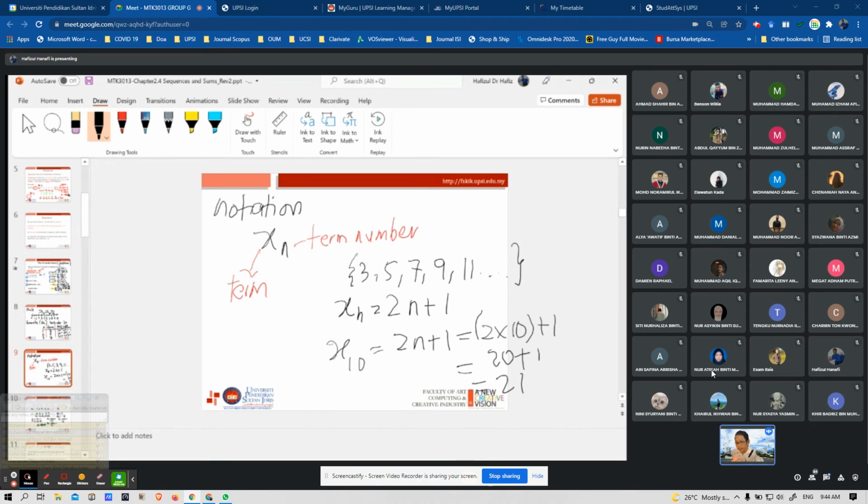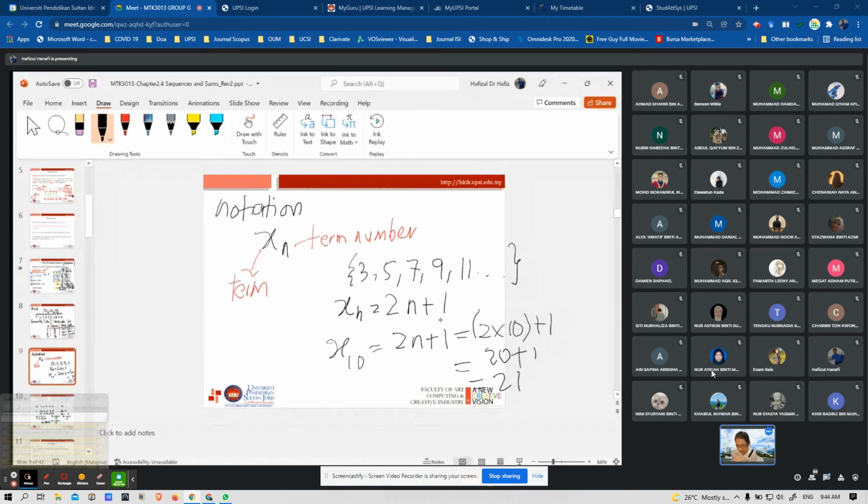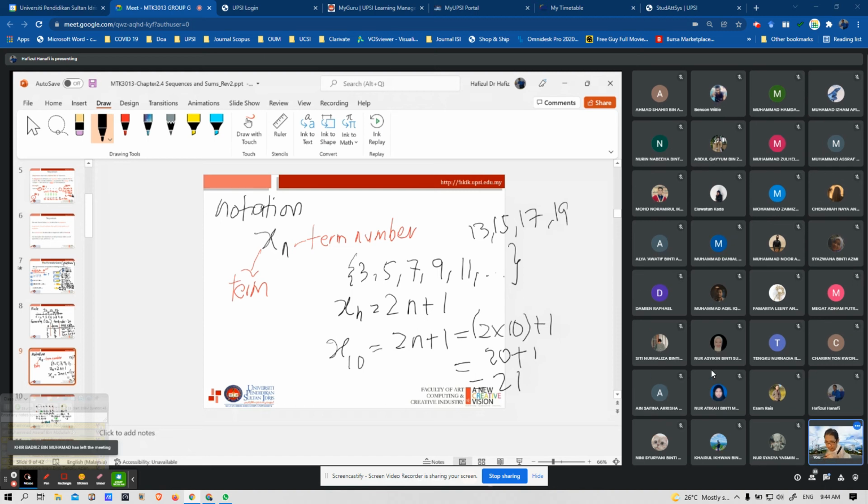Okay, 3, 5, 7, then 13, 15, 17, 19, 21, for n equal to 1, 2, 3, 4, 5, 6, 7, 8, 9, 10. This is the term and this is the term number. For the notation we have the term and the term number.